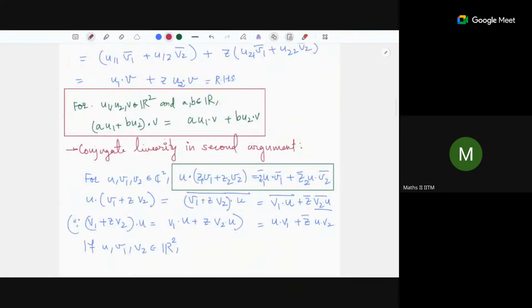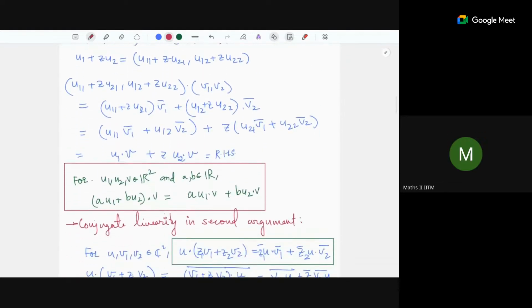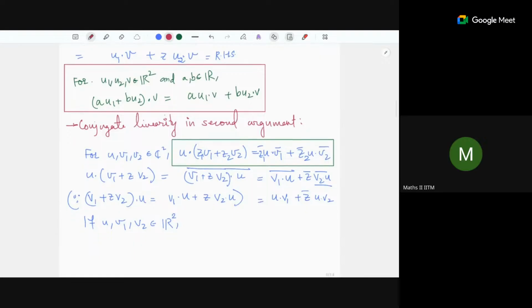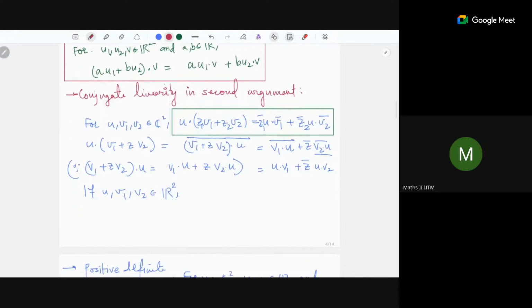Now, what about the conjugate linearity? In real numbers, the conjugate of a real number is itself. So we have this symmetry in this case. Because of the symmetry and the linearity of the first coordinate, we also get the linearity in the second coordinate. So we do have linearity in the second coordinate.